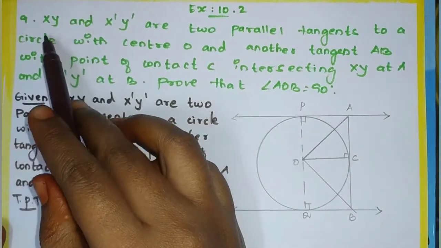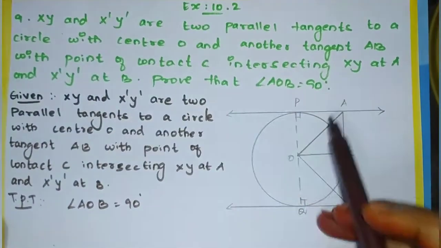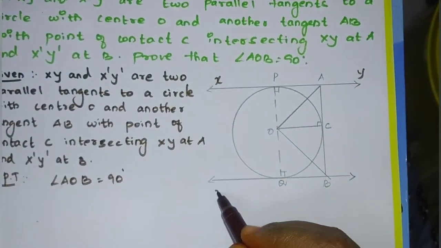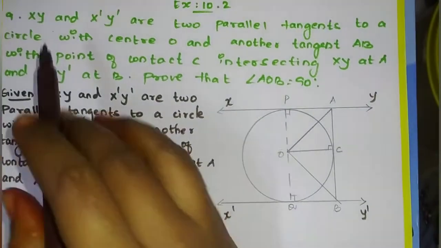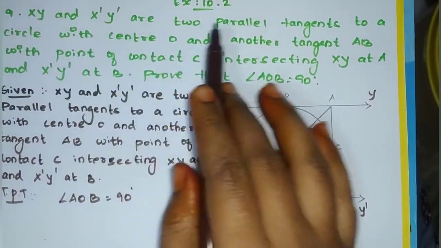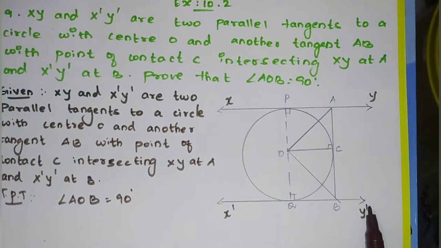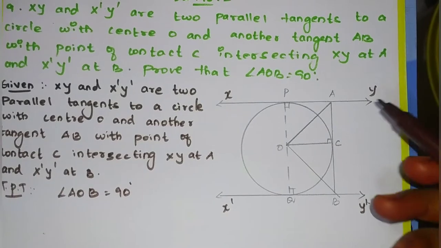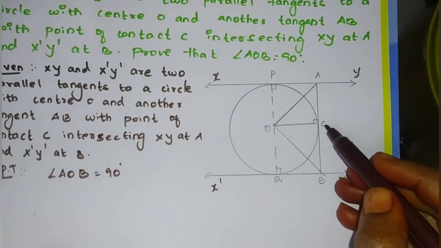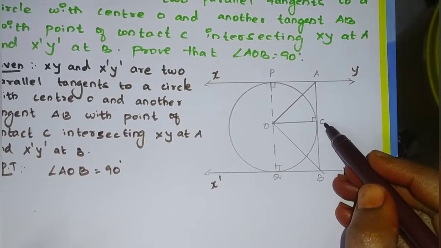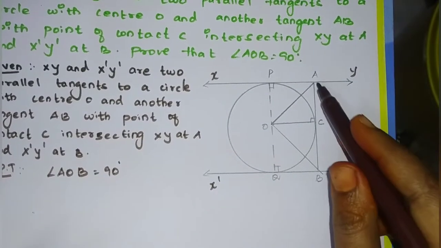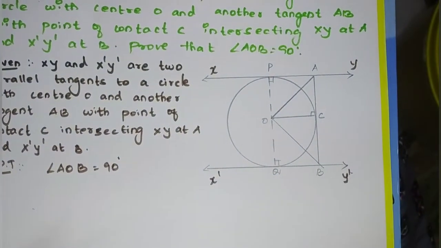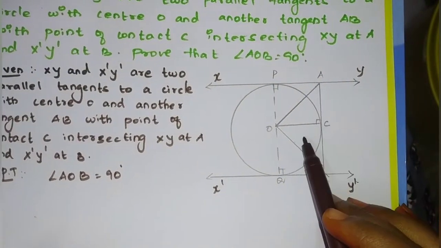First, 9th problem. XY and X'Y'. This is X, Y and this one is X', Y'. XY and X'Y' are the two parallel tangents to a circle with the center O, and another tangent AB with the point of contact C intersecting XY at A and X'Y' at B. This is also a tangent for this circle.